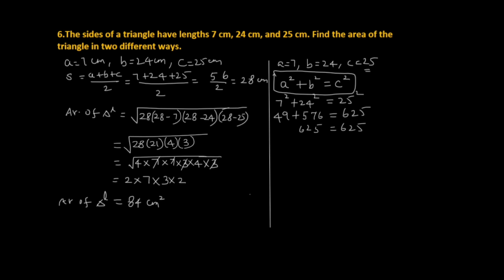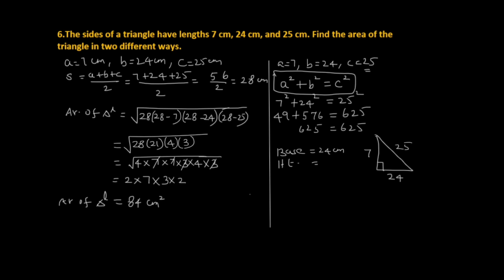It can form a right angle triangle, that is, one leg is 24, another leg is 7, then the hypotenuse is 25. So the base of the triangle we can take 24 centimeter or 7 centimeter, anything.